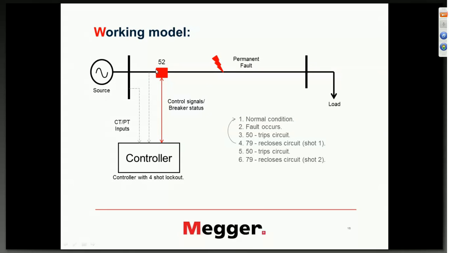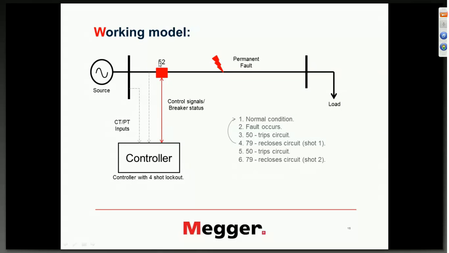After the circuit breaker is open and after a time delay, the 79 function sends a reclose signal again. That will be my second shot of reclose. It tries to close the breaker in the hope that it might be a semi-permanent fault, which is taking a longer duration to clear itself.